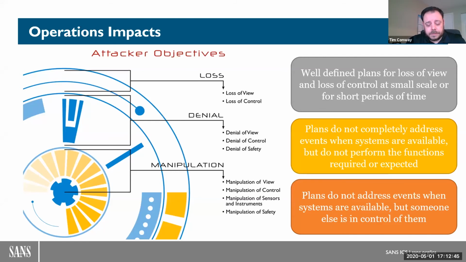And that is our biggest challenge as we look forward to incident response and operational response and the preparation phase of that: training the operators in how to manage and maintain their system and move towards an integrity level when someone else is in control of it. So how quickly can they detect it, and how can it be designed and engineered to prevent a catastrophic effect even when there's a successful attack.